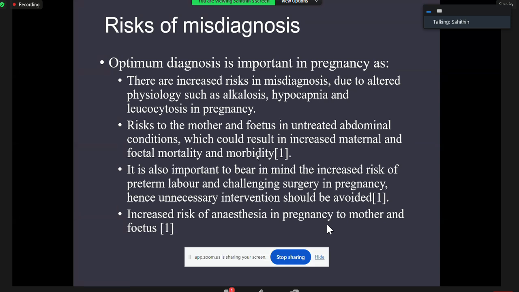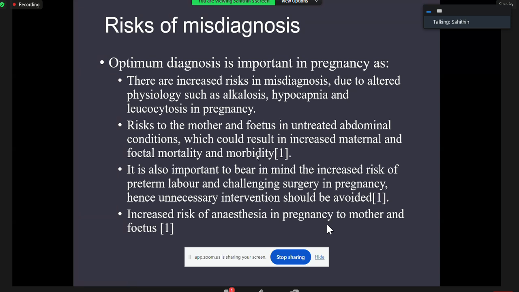What are the challenges, or why should we not misdiagnose? Because there is increased risk in misdiagnosis, as pregnant women normally have alkalosis, hypocapnia, increased respiratory rate, and leukocytosis. So it's finding where the balance is, where the altered physiology in pregnancy has moved into pathophysiology.